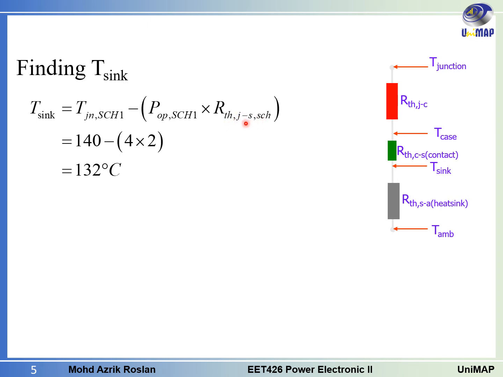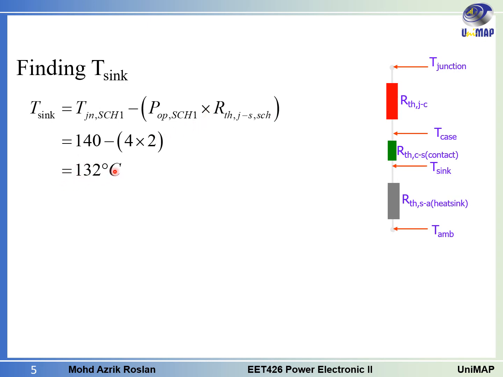Okay, because we have the junction temperature, we already set the junction temperature, and then we want to find the heatsink. The S is heatsink. And then we have this value of RTH. For this case we have 140 minus the power here, which is 4, multiplied by 2, the value given in the question.